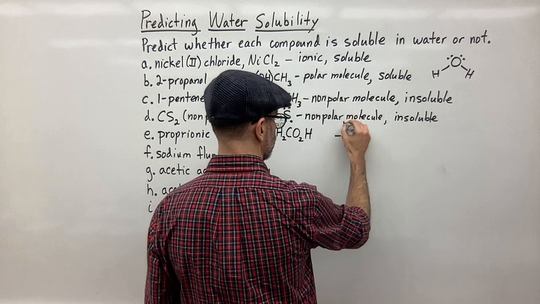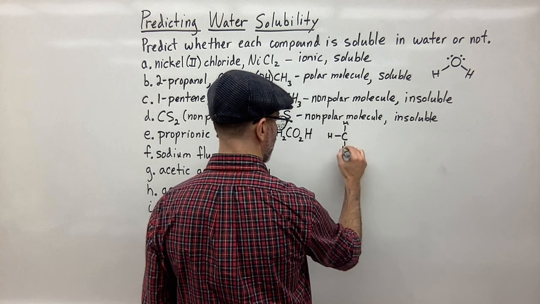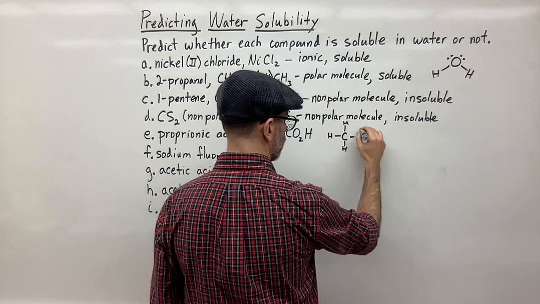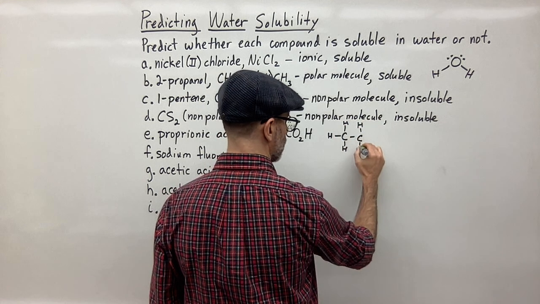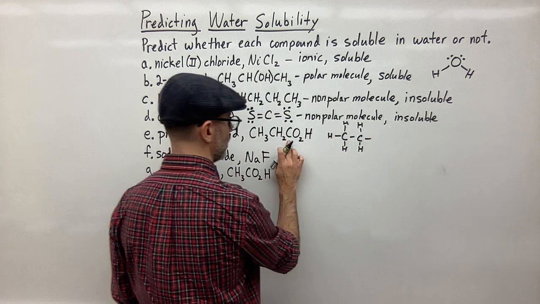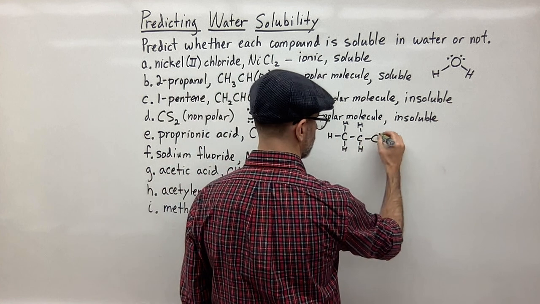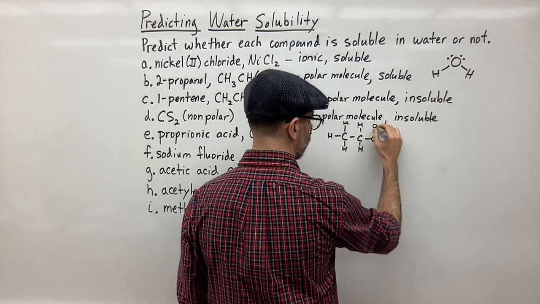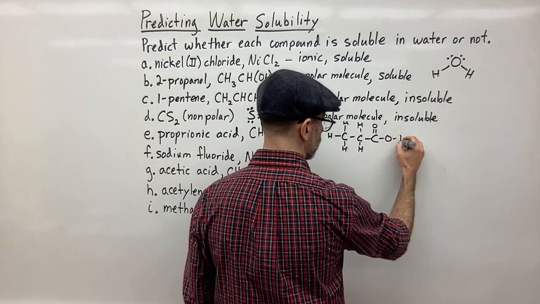So I have hydrogen, hydrogen, hydrogen, and then I have carbon with two hydrogens here. And then I have this third carbon, and that carbon has a double bonded O with an OH.